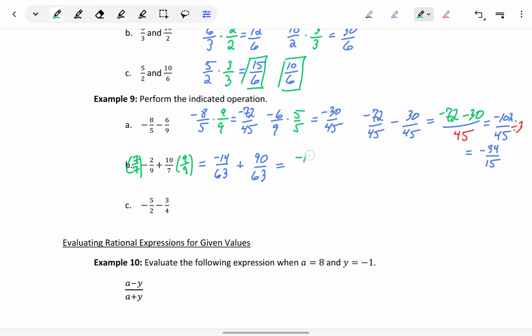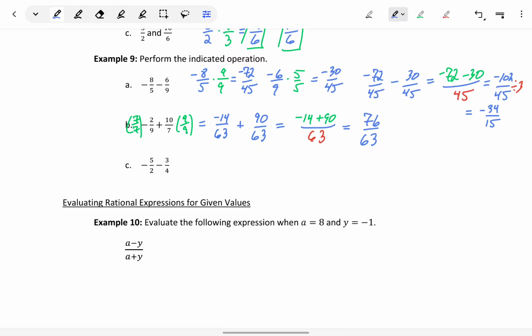Adding our numerators together, we'll find negative 14 plus 90 over that common denominator of 63 will give us a final answer of 76 over 63. Those values don't reduce, so in this case we have our final answer.